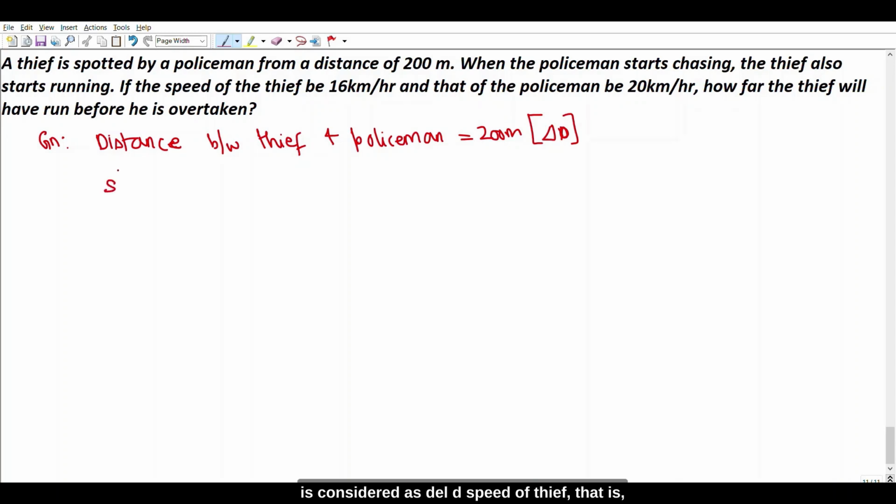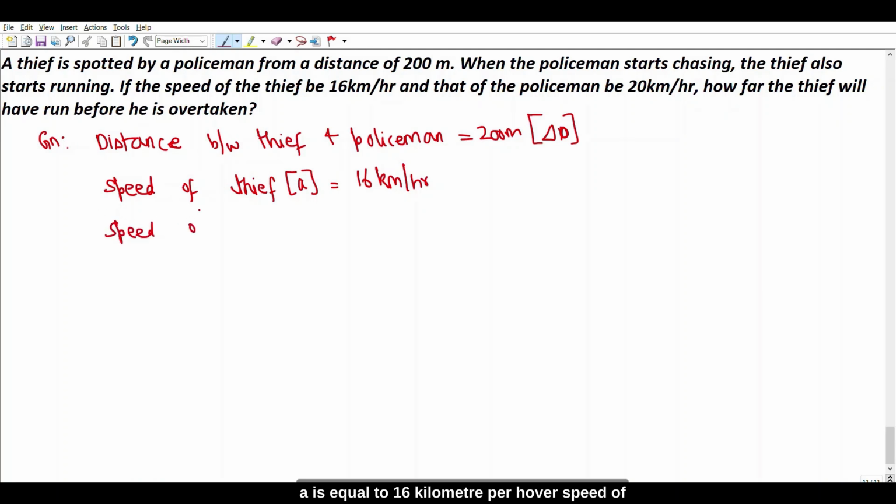Speed of thief, that is A, is equal to 16 km per hour. Speed of policeman, B, equal to 20 km per hour.